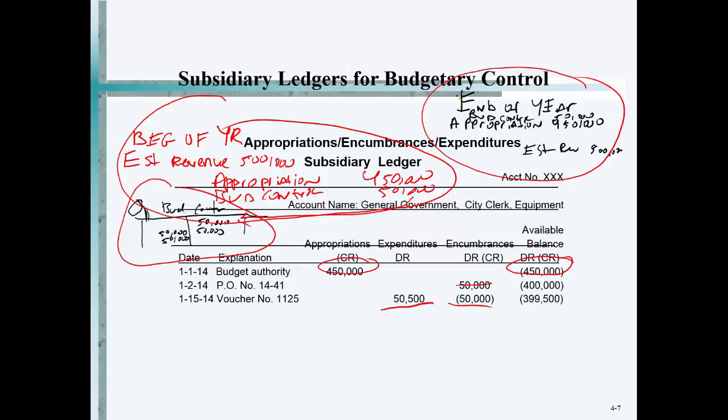Okay, so we set it up at the beginning of the year. We run our encumbrances through during the year. When the stuff comes in, we reverse the encumbrance out, and we close the budgetary accounts at the end of the year. So budgetary control is going to always end up at zero at the end of the year. I could ask you a question on your midterm in which I'll say to you, budgetary control shows a balance of $50,000 at the end of the year.